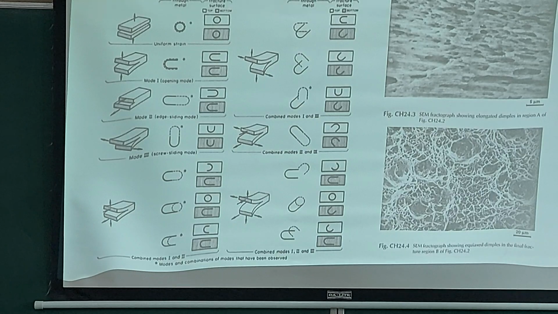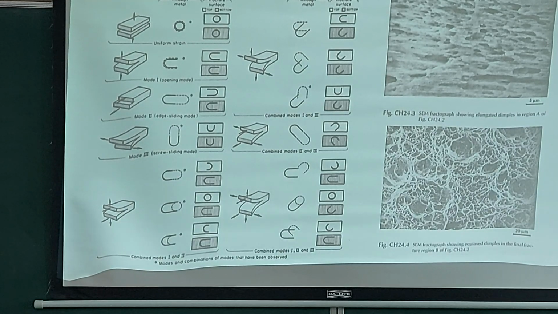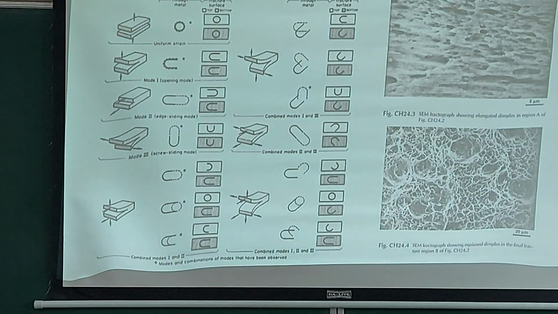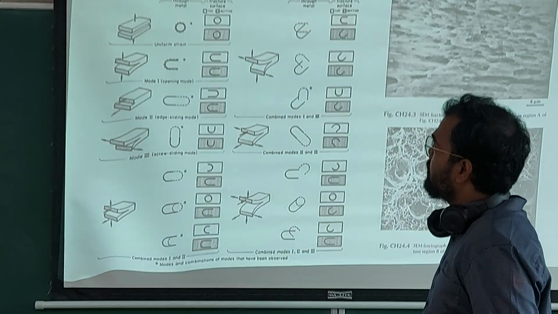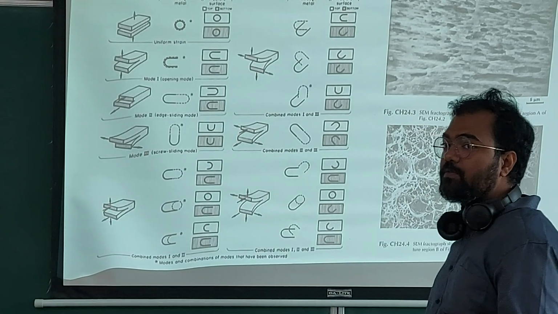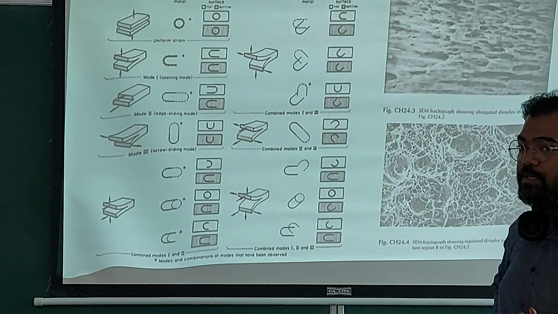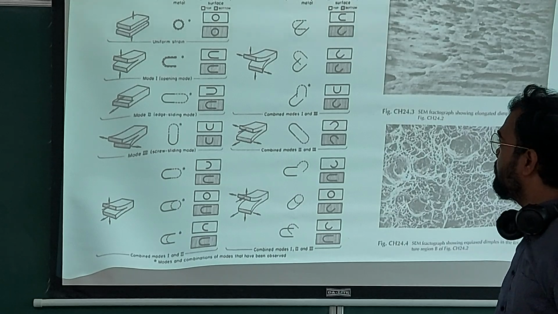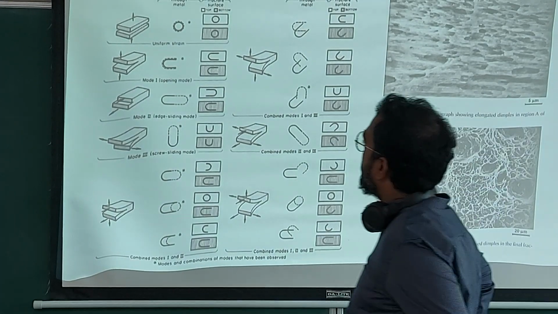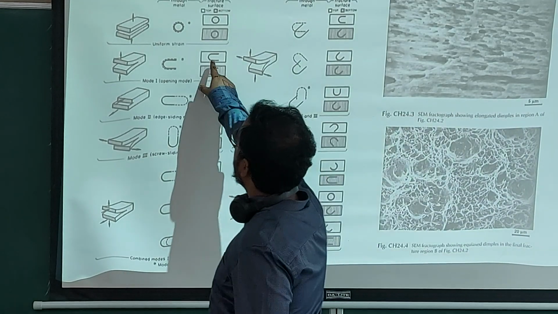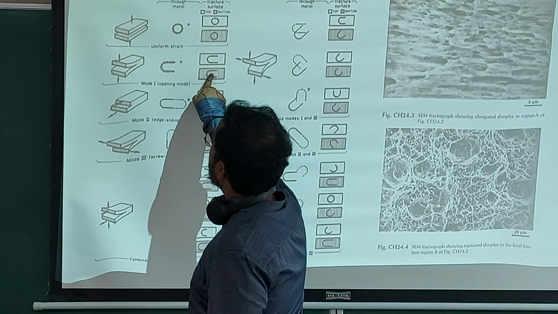For example, the first image is talking about mode 1 loading. In metals you will see dimples which are not oriented in any direction if there is no rolling involved before. Similarly, in mode 1 loading you see dimples of this size at uniform strain.